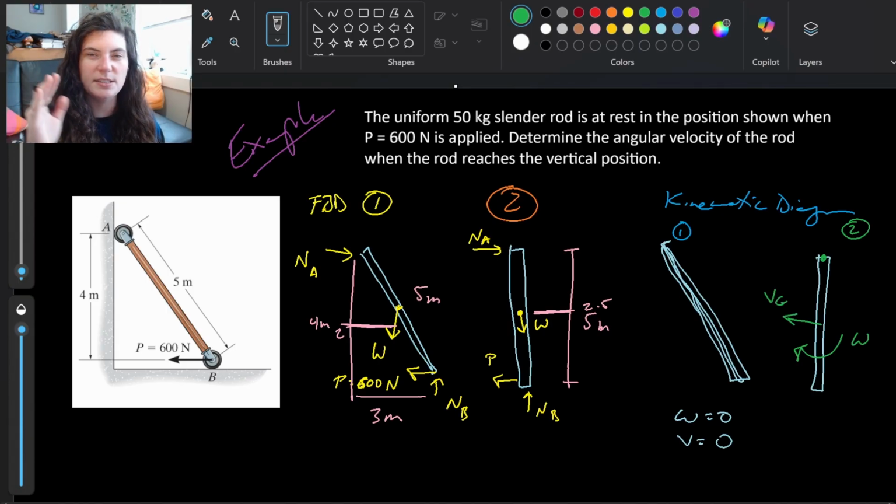Right as it's about to hit the wall, the second that this slender rod becomes vertical, our velocity for the center of mass acts at the center of mass and is going directly to the left. It's going in the direction of that angular velocity sweep, in the direction of our force as well.